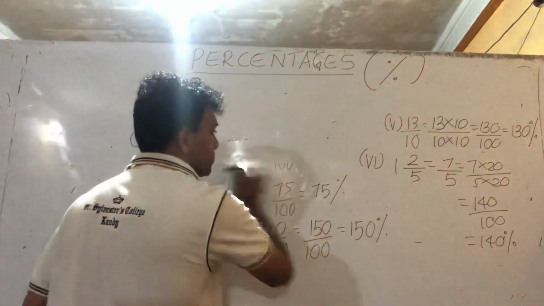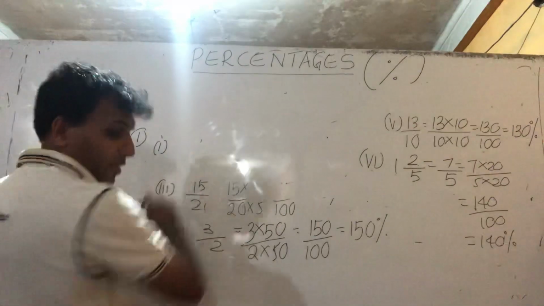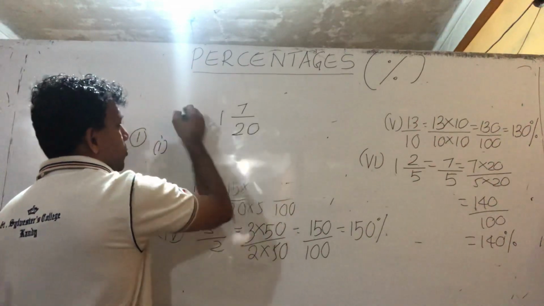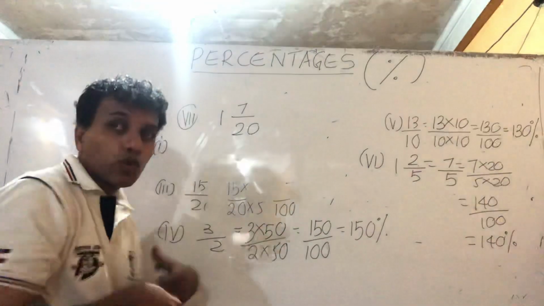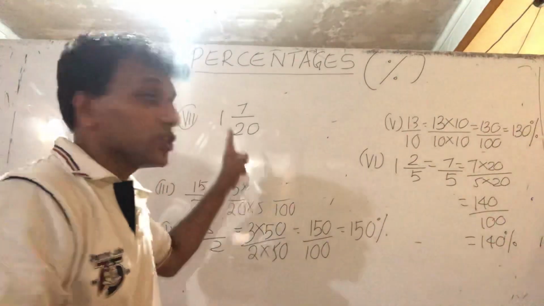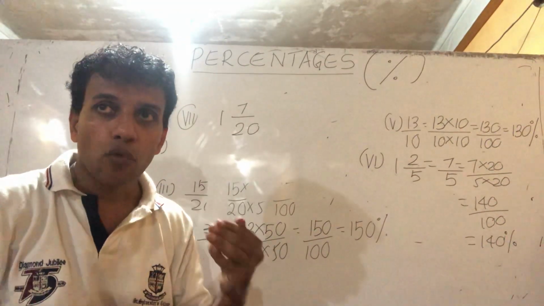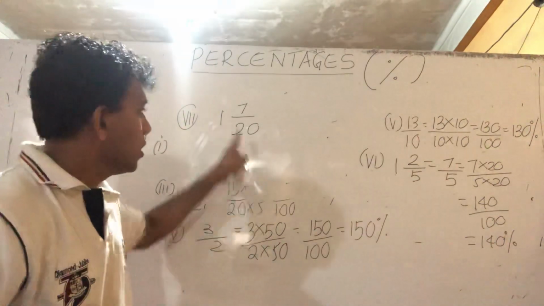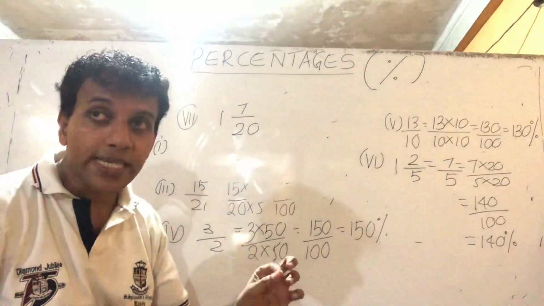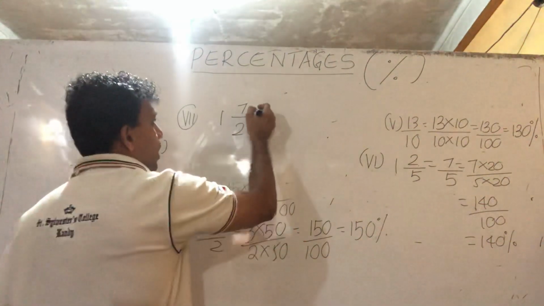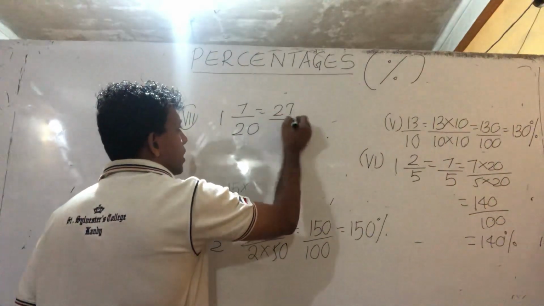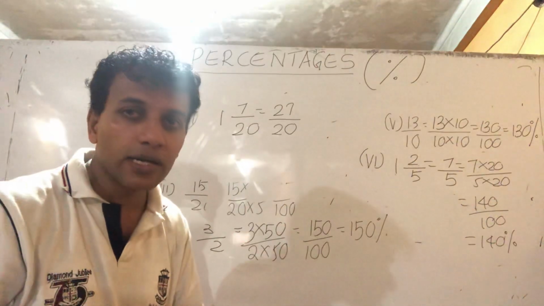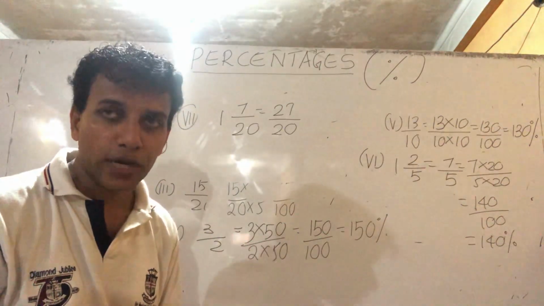Problem 7. Problem 7 is what? 1 and 7 over 20. Problem 7, convert to the percentage. This is also a mixed fraction. Write it as an improper fraction and go to the percentage. 1 times 20, 20, add 7, 27, therefore below 20. Now 20 becomes 100, multiplied by 5, okay?